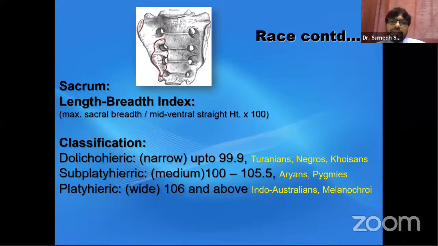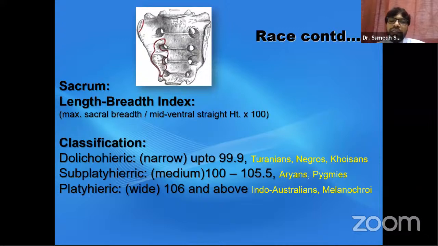On this basis, the sacrum is classified as dolichohieric, that is narrow, which is observed in Turanians, Negroids, and Khoisans; subplatyhieric, that is medium size; and platyhieric, that is wide sacrum.